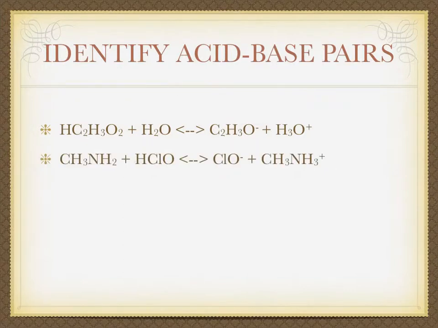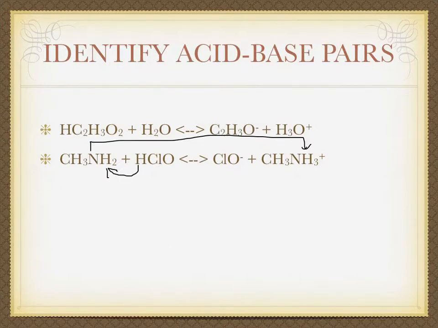Take a look at this one. See if you can figure it out. Stop the video and see if you can figure out the conjugate acid and conjugate base. Okay, if we go across here, what did it do? Well, we gained this hydrogen. That hydrogen went to there.